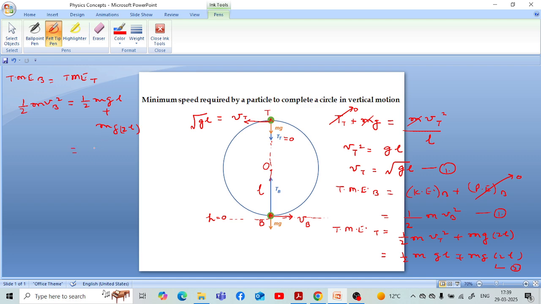This comes out to be 5mgL by 2, and this is equal to half m vb square. This half cancels with this half, this m cancels with this m. So vb square comes out to be 5gL, or vb is equal to square root of 5gL. This is a very important result which is used to solve many problems in vertical circular motion.